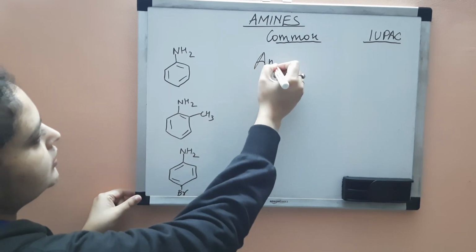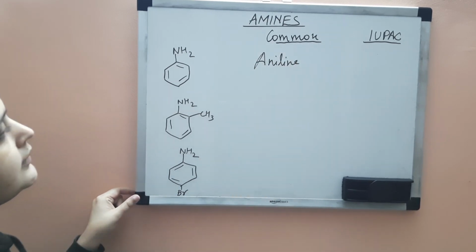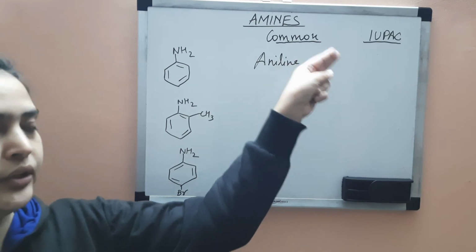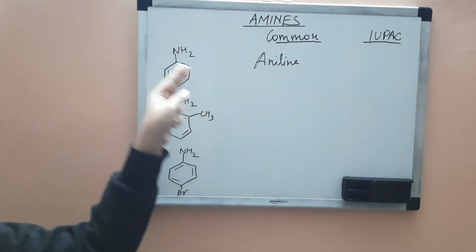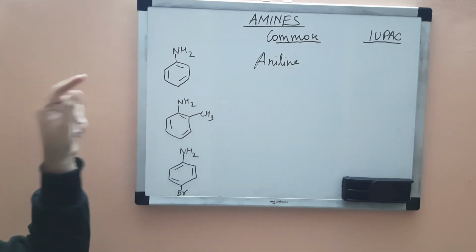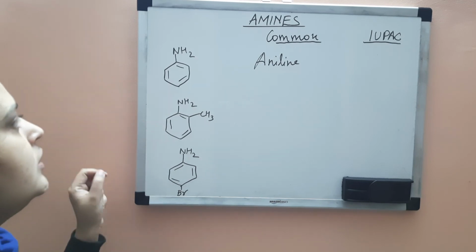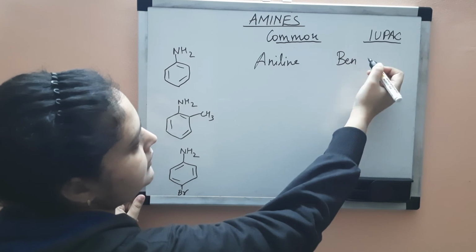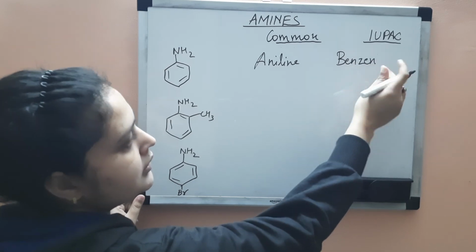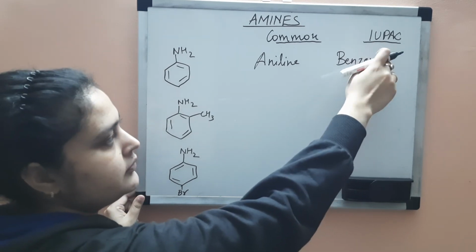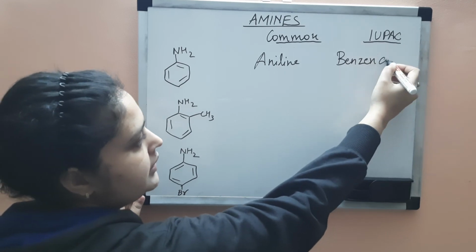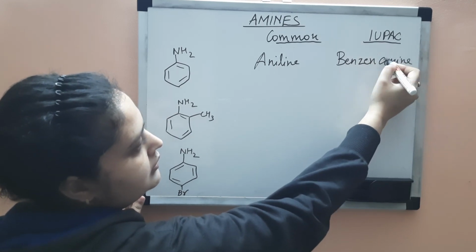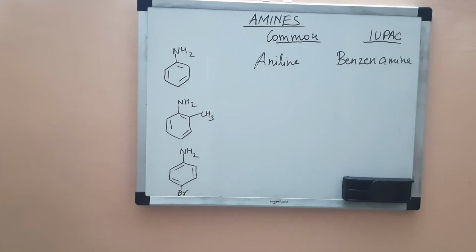Aniline is also accepted in IUPAC nomenclature, and it can also be named benzene amine. Benzene amine will be written with the last E of benzene replaced by amine. So benzene amine, or aniline, which is also accepted in IUPAC nomenclature.